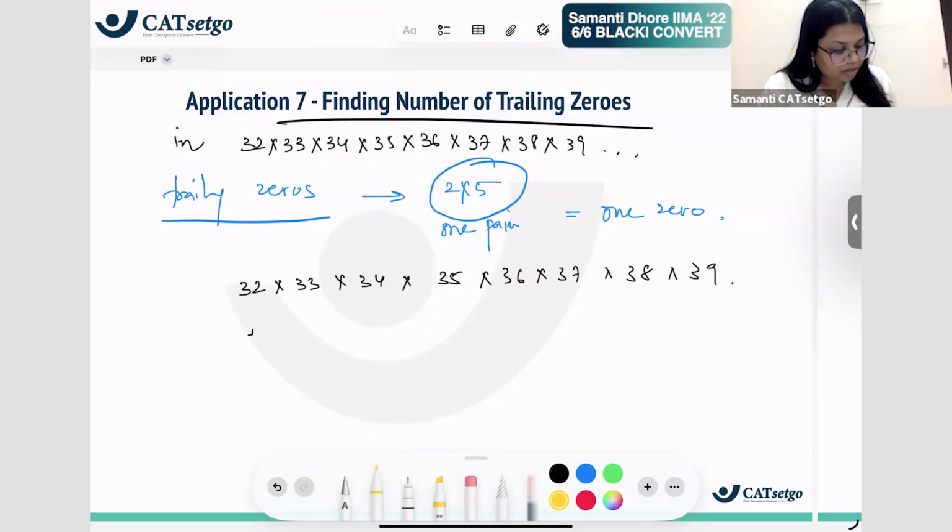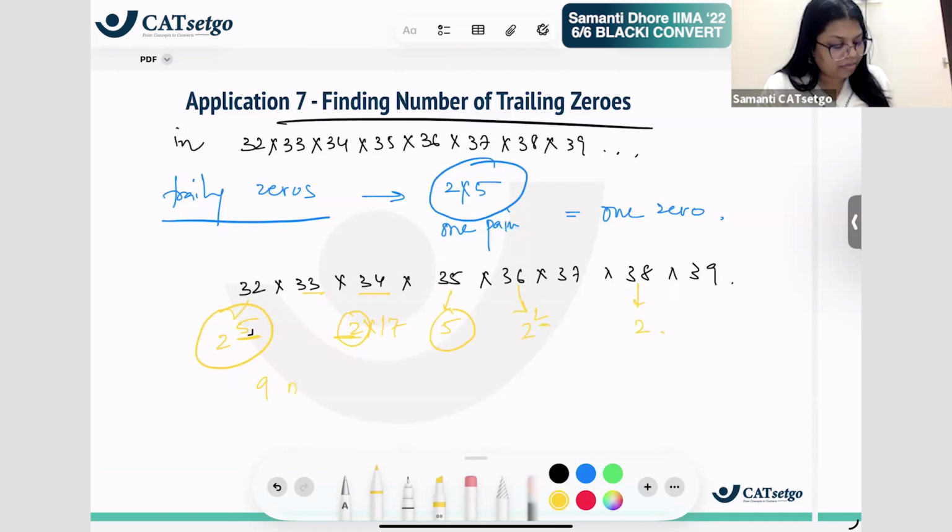I know for sure this is 2 raised to 5. There is no 2 or 5 here. There is 2 into 17, so one 2 will come. There are 5 2s. Now this is 5 into 7, so it has one 5. It has again a 4 आ रहा है, इसलिए यहाँ से भी एक 2 आ रहा है. So in total we have 5, 6, 7, 8, 9.